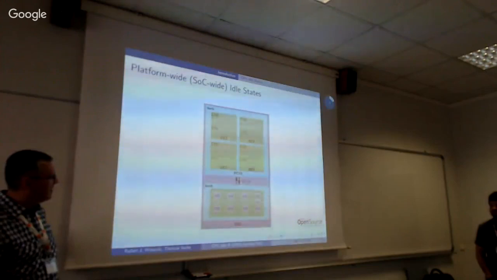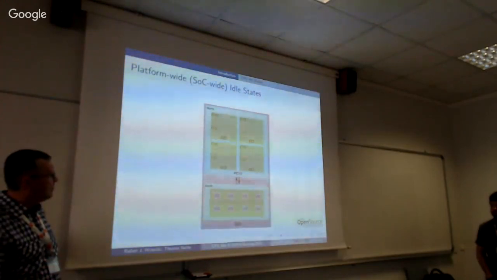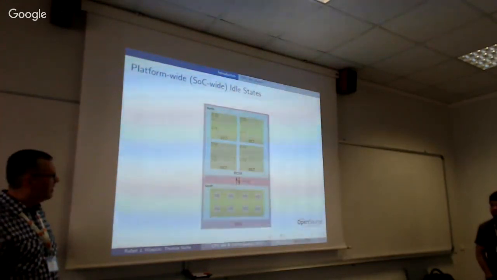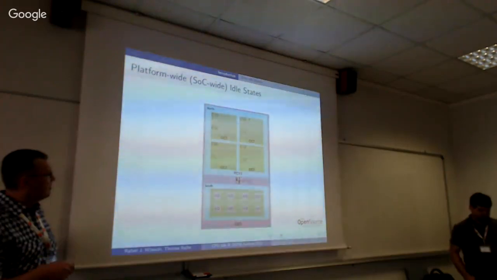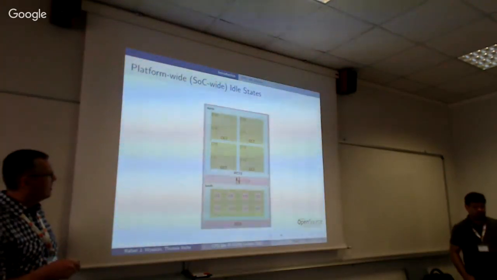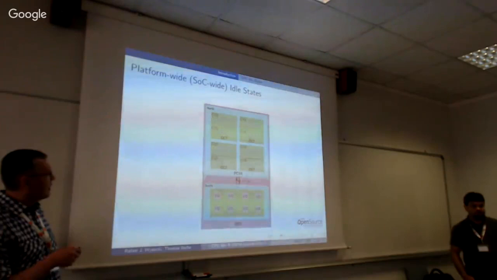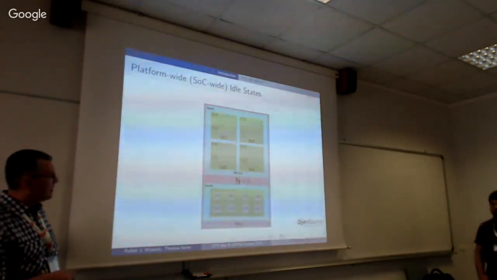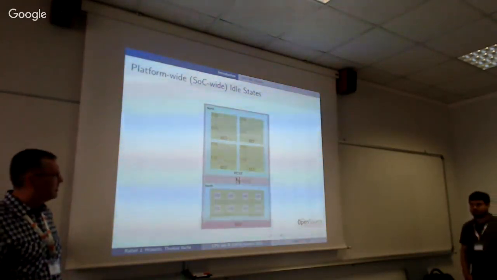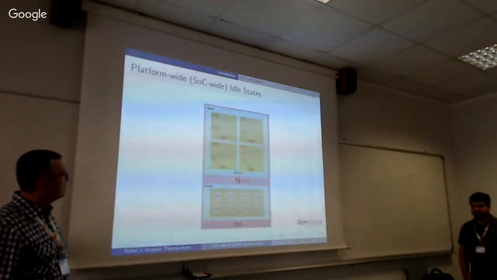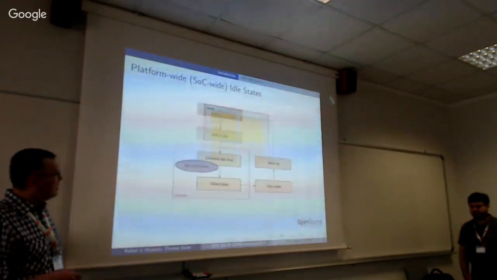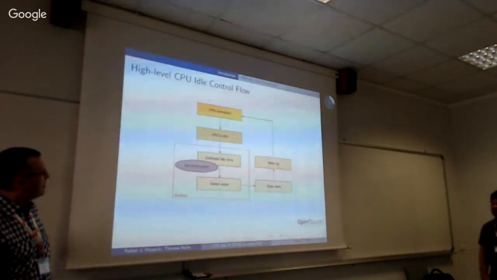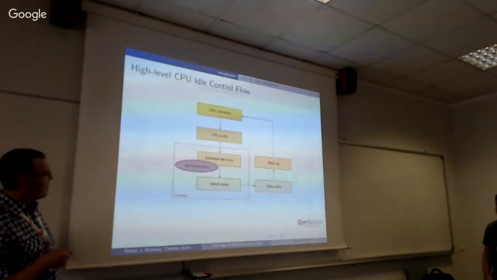If the CPU is part of an SOC, there are idle states for the whole thing, and if all the CPUs requested a deep enough idle state, then the whole package can go very deep, and then the SOC could also be put into an idle state for the whole. So this is roughly the way it is handled in the kernel.